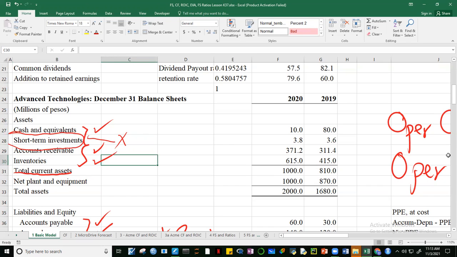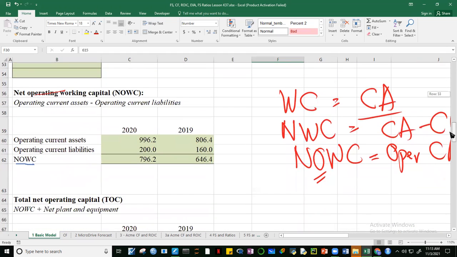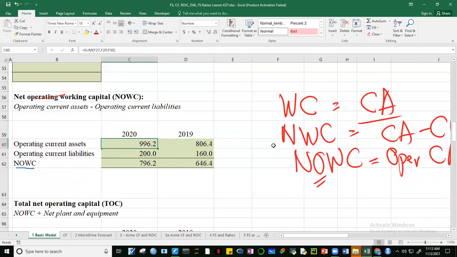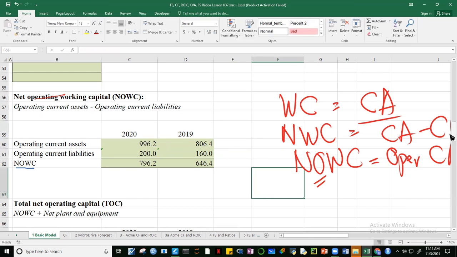So for 2020, we added the 10, 371.2, and 615 for your operating current assets. That's why we got this. Let's take a look at this formula. It's adding the cash, and then your receivables and inventories. We skip the marketable securities. Same thing for 2019. So we have this operating current assets.